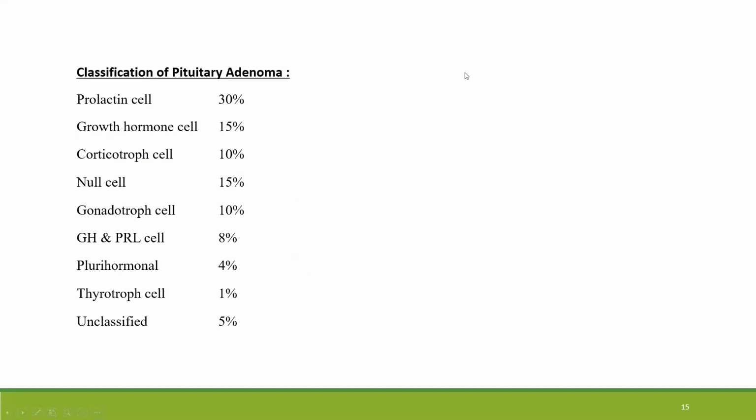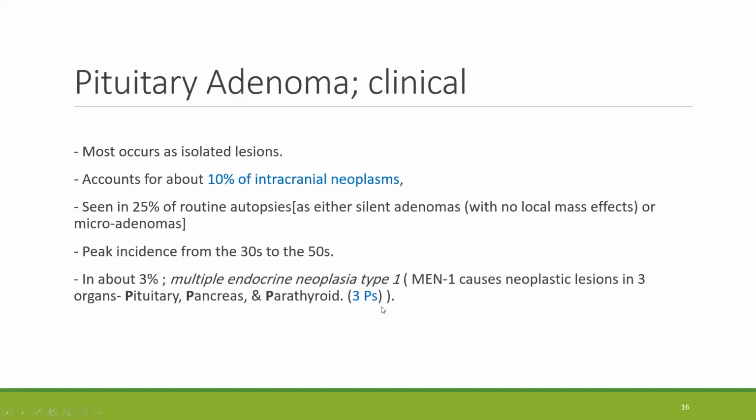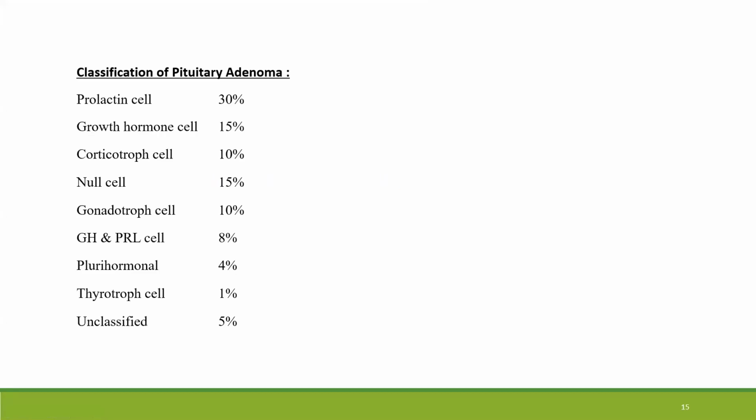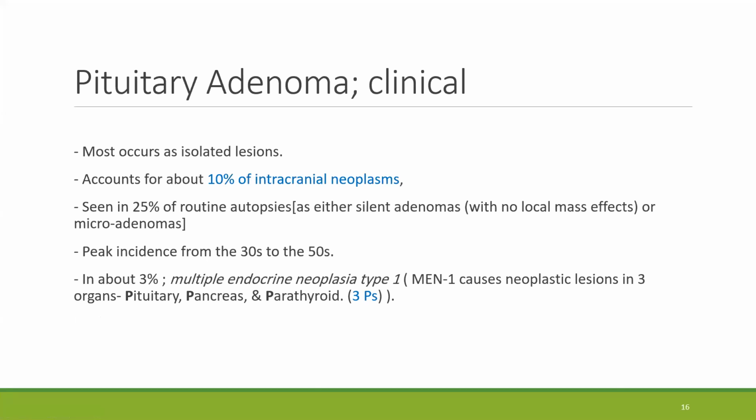It's very, very rare, about 1% of adenomas. So growth hormone producing is almost 15%, prolactin cell producing almost 30%, null cell adenoma about 10 to 15%, and the least common one is the thyrotrope producing adenoma.